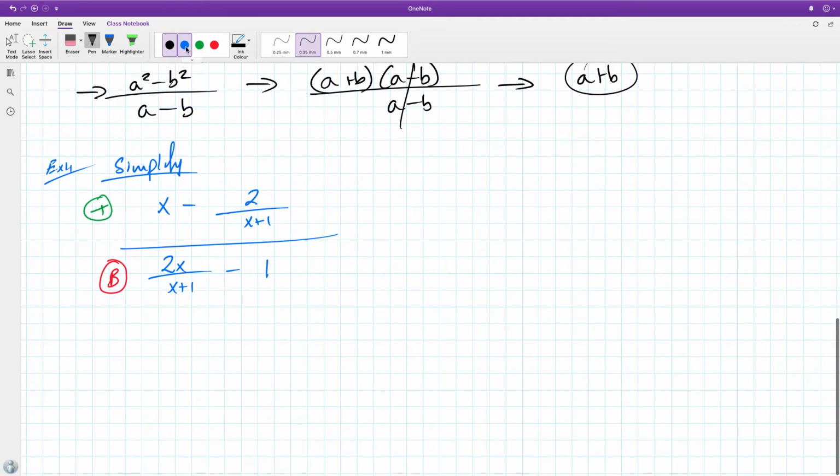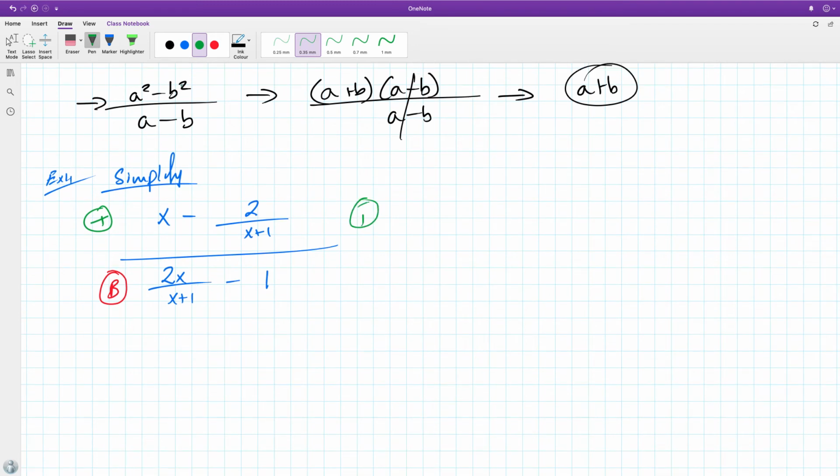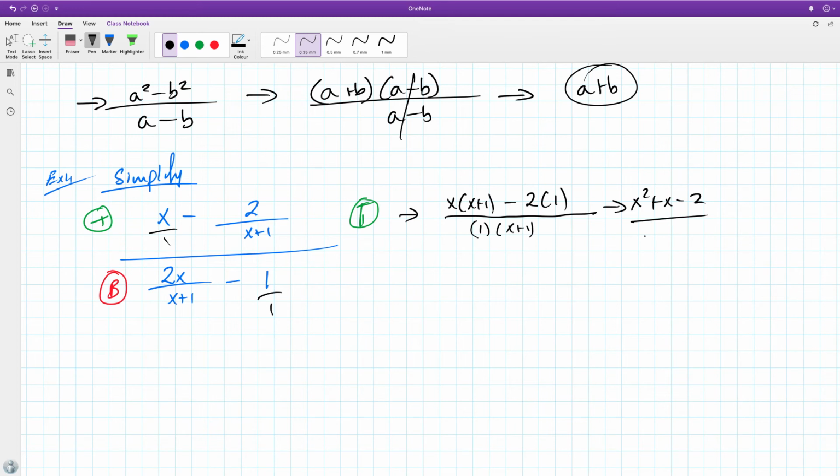So, top. That is common denominator of 1 and x plus 1. That's over 1, that's over 1. 1 into that is x times x plus 1 minus 2 times 1 is x squared plus x minus 2 over x plus 1.